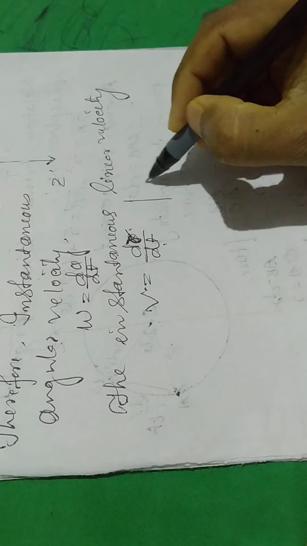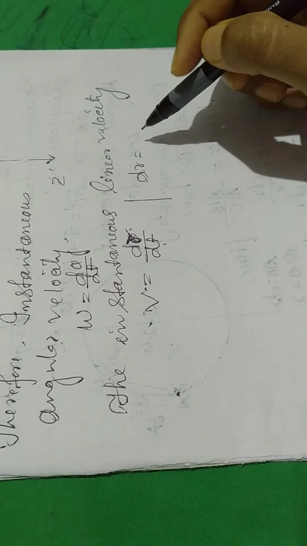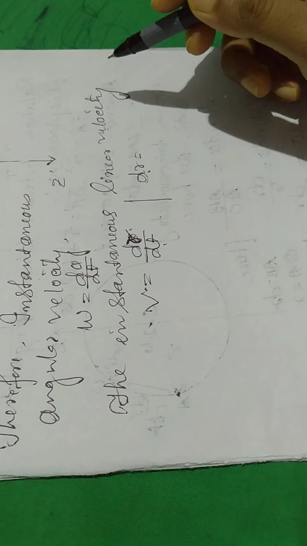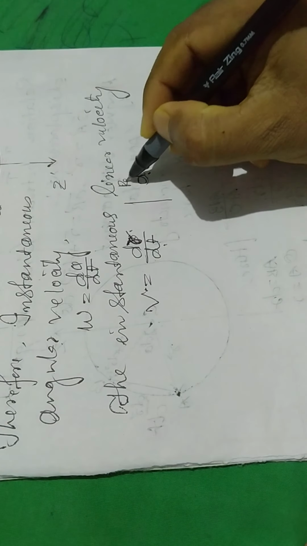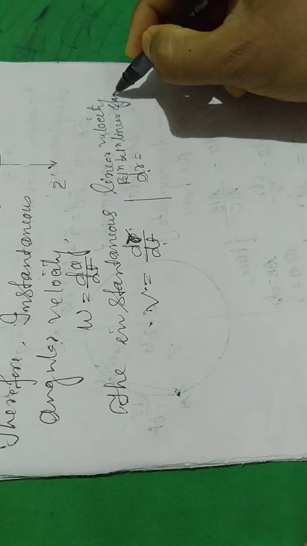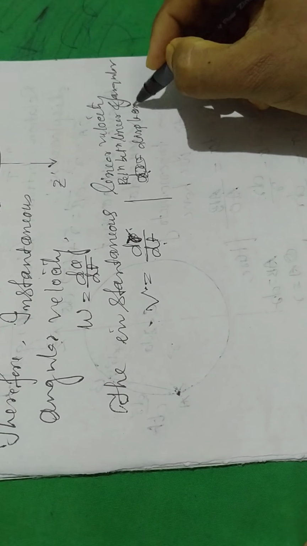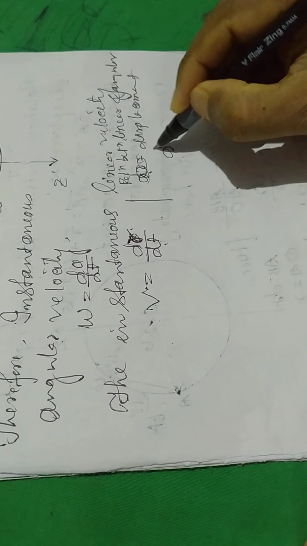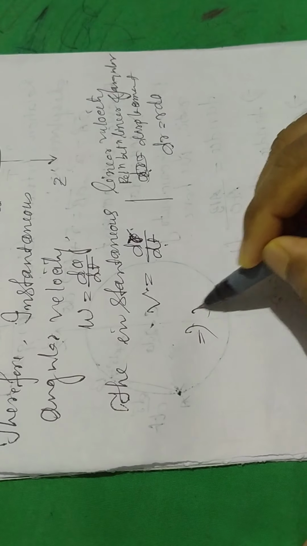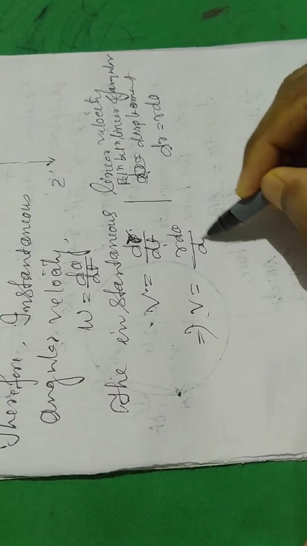In the previous video we have already derived the relation between linear and angular displacement: dr equal to r d theta. Therefore, v equal to r d theta by dt.